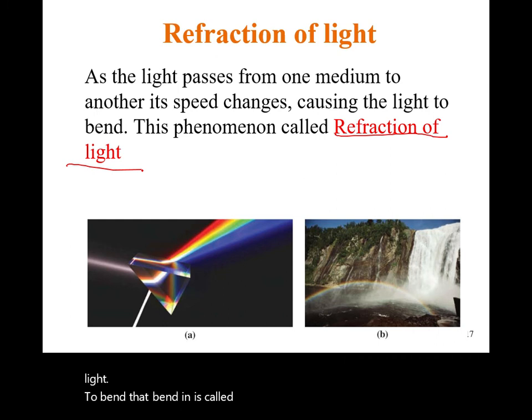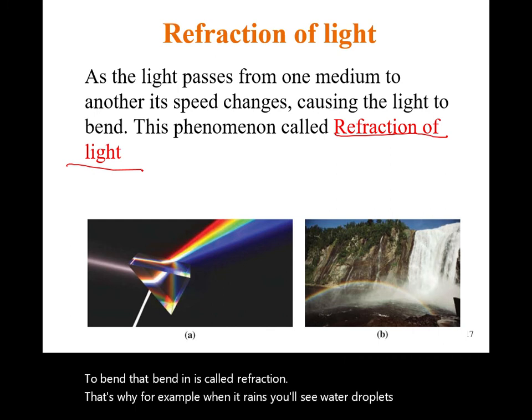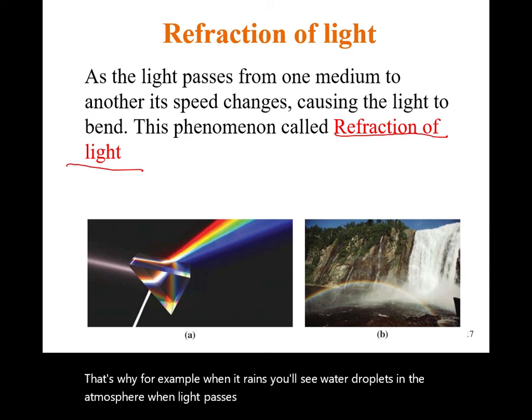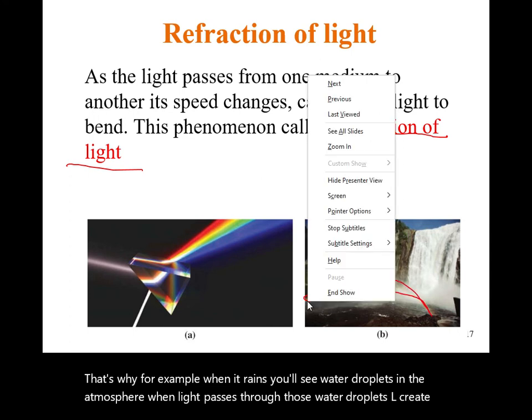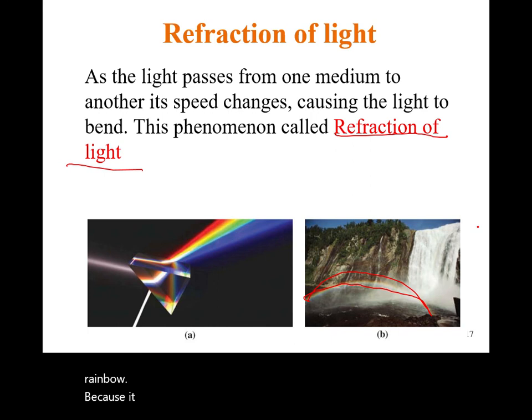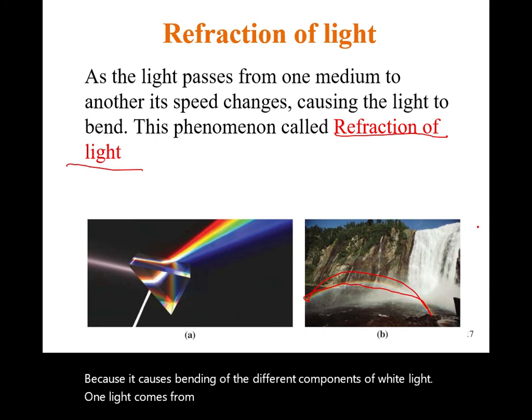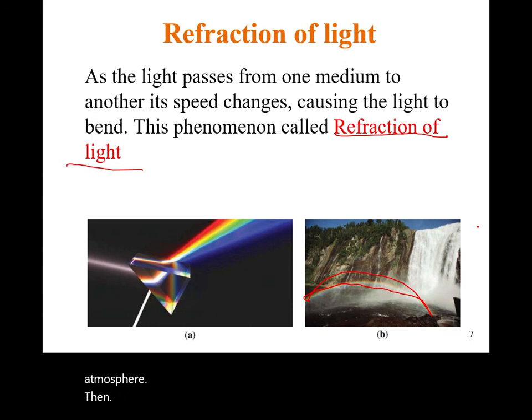That's why, for example, when it rains, you'll see water droplets in the atmosphere. When light passes through those water droplets, it'll create a rainbow because it causes bending of the different components of white light. When light comes from outer space and hits our upper atmosphere, the air in our atmosphere causes light to refract.